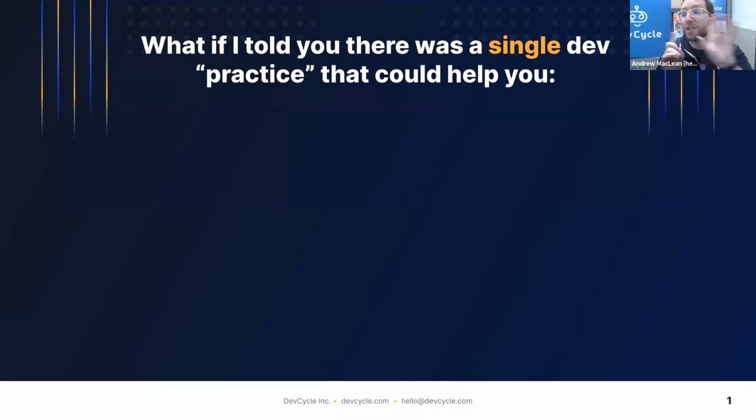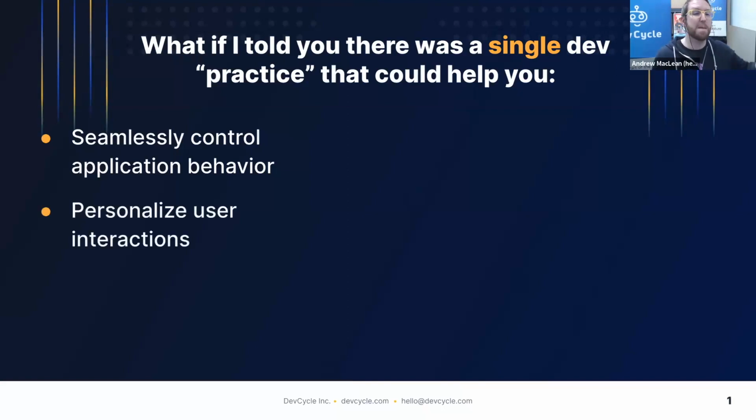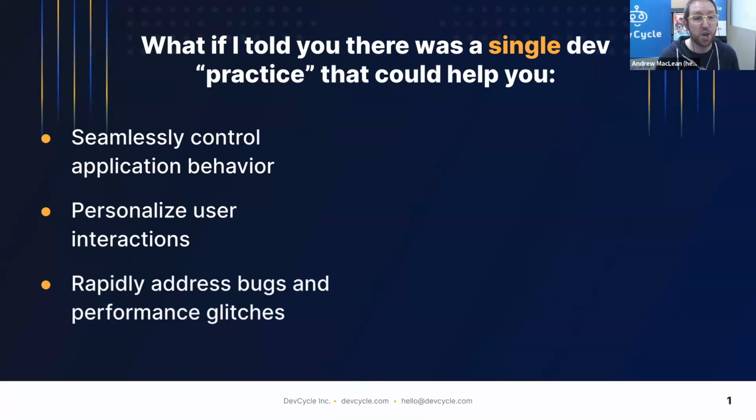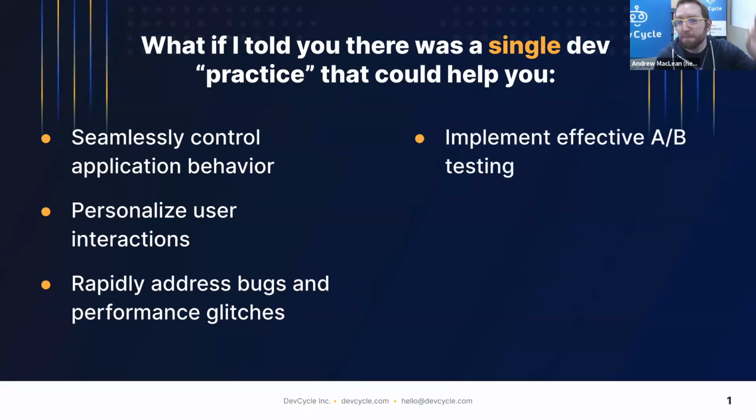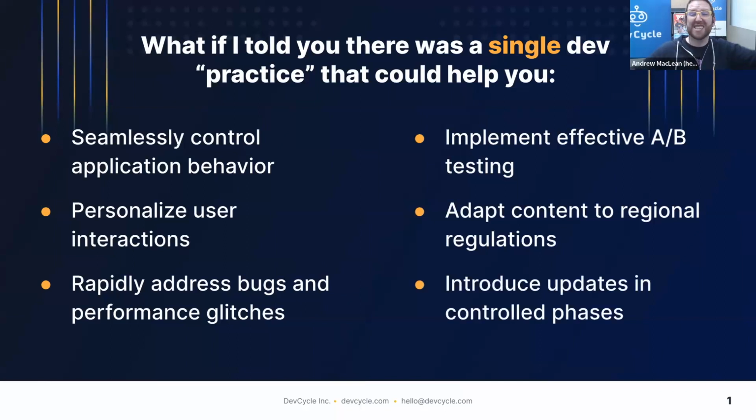So what if I told you that there was a single dev practice that could help you seamlessly control application behavior, personalize user interactions, rapidly address bugs and performance glitches, implement effective A/B testing, adapt content to regional regulations, and introduce updates in controlled phases?